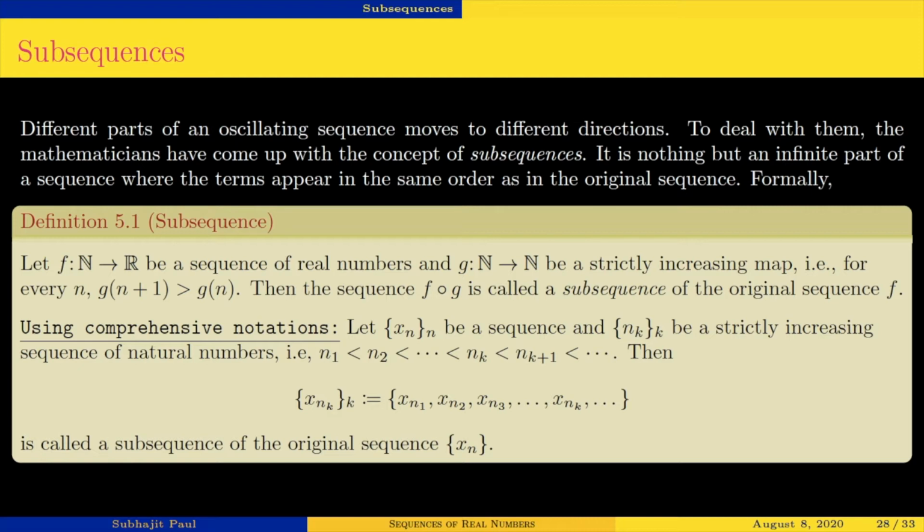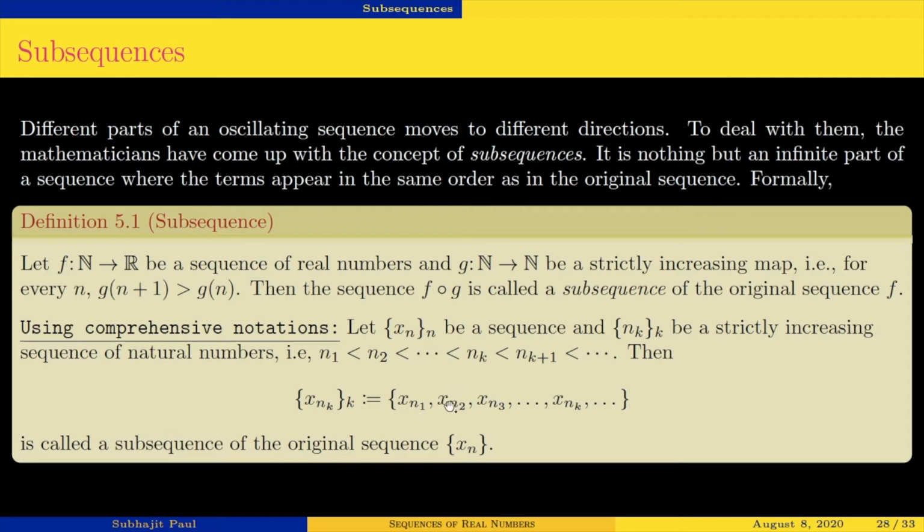But if you just want to care about it simply, it is nothing but an infinite part of a sequence where the terms appear in the same order as in the original sequence. That's it. Infinite part. So this is a sequence, and the infinite part will be there where the terms are appearing in the same order.